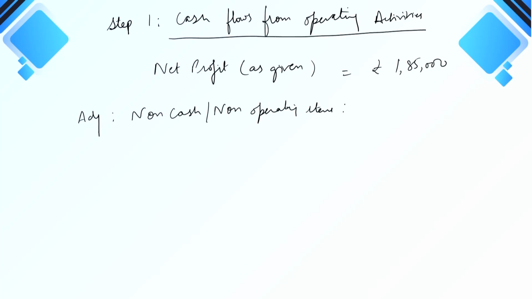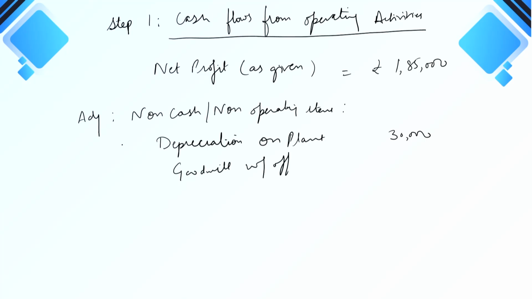So go with the information provided. First we are given depreciation on plant, 30,000 rupees. Then we are given goodwill written off. As you know, these items are to be added, that is 12,000 rupees.